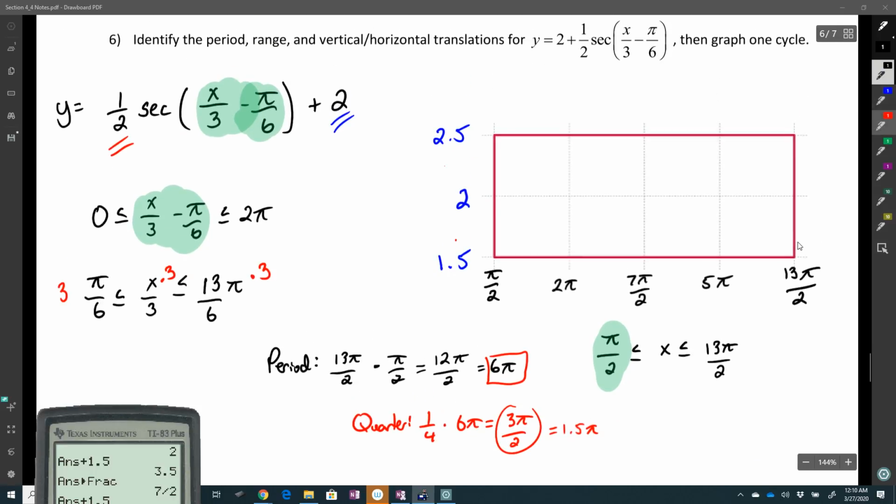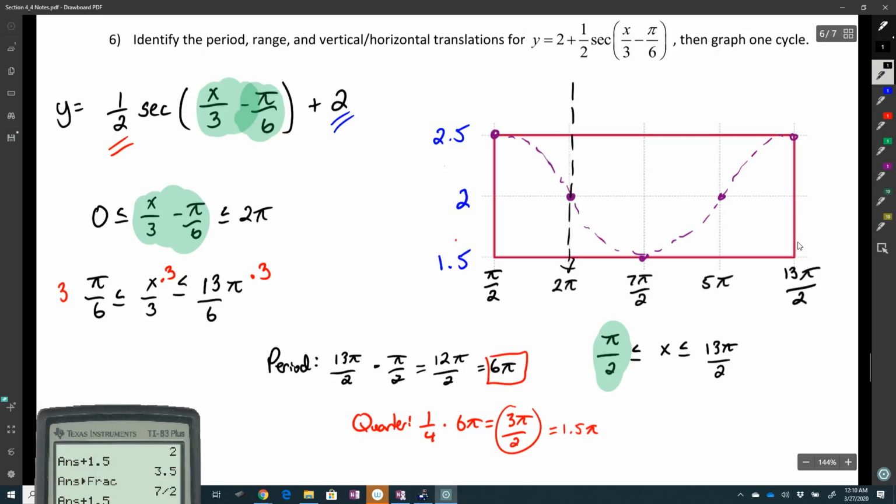Yeah, so now I'm going to create this. This is secant. So secant is related to cosine. Cosine looks like this. And we can see that there is an x-intercept right here.